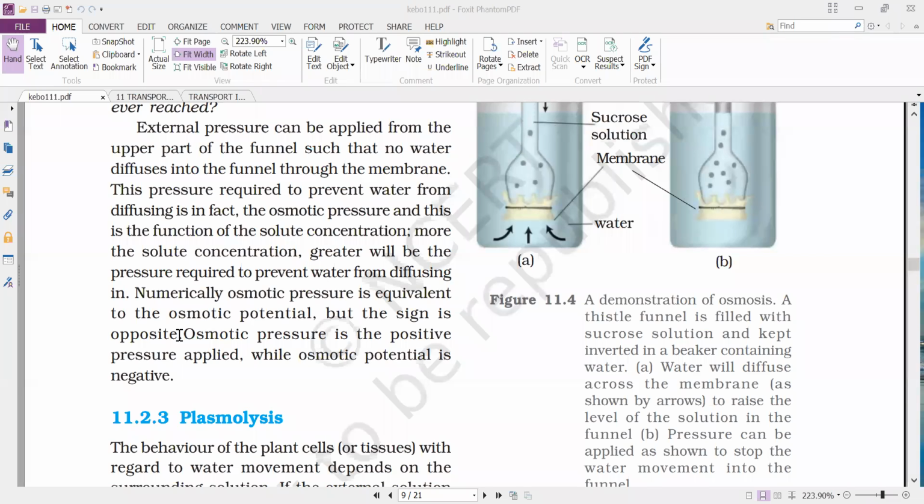But whatever pressure we apply in the opposite direction to prevent the entry of water, which we call osmotic pressure, is equal to the osmotic potential, but the value will be positive. The magnitude is the same but with the opposite sign. Osmotic pressure is positive, whereas osmotic potential is negative.